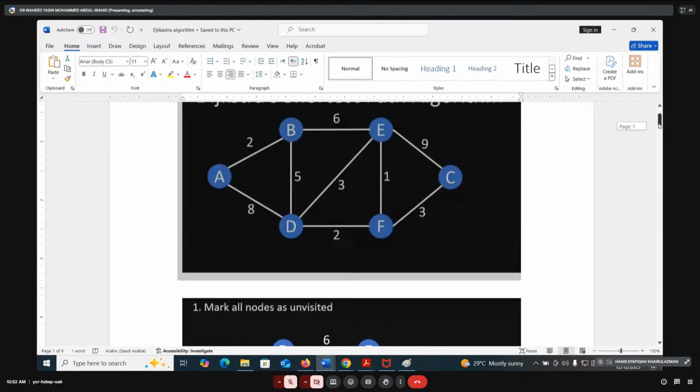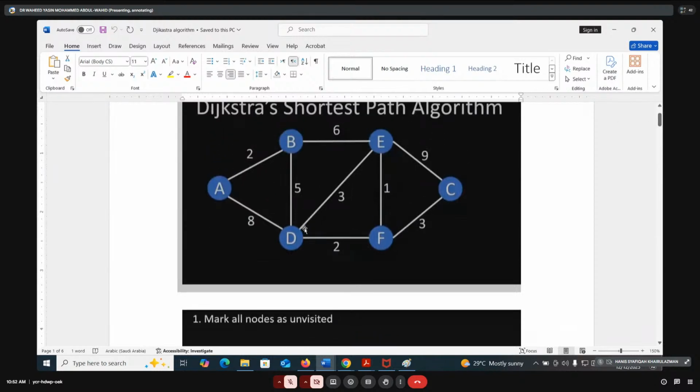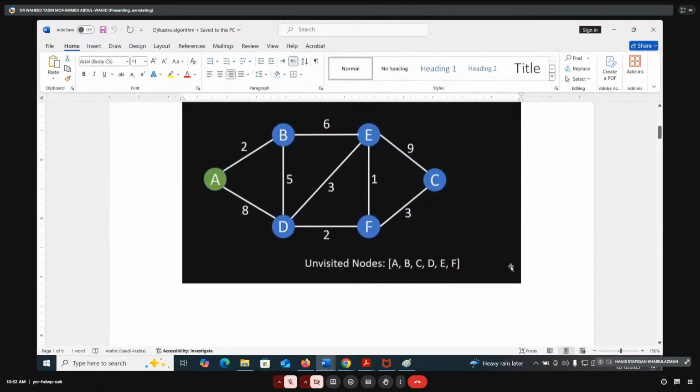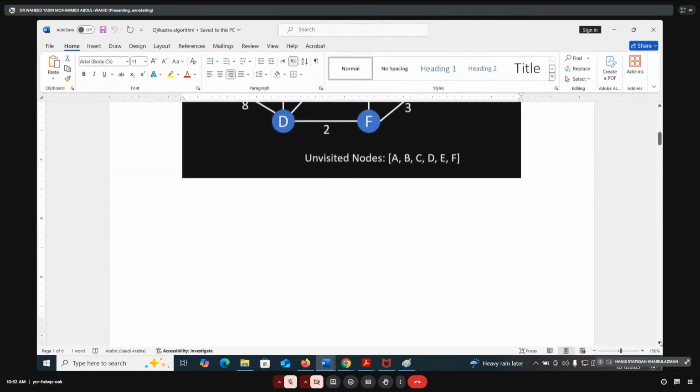So here, I mark all the nodes as unvisited first. Then start with the node that I will start from. Then I make the table: node, shortest distance and previous node. From A to A the distance is 0.